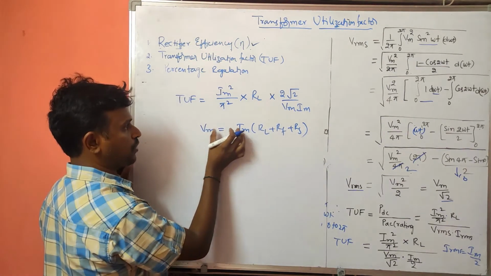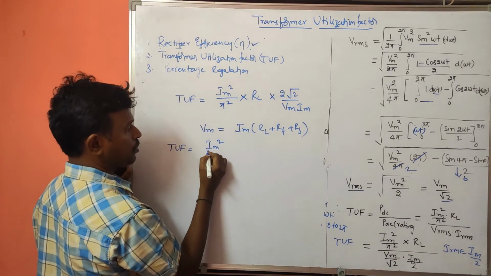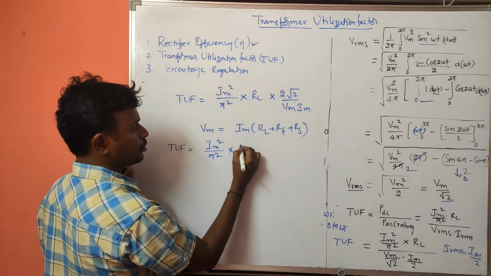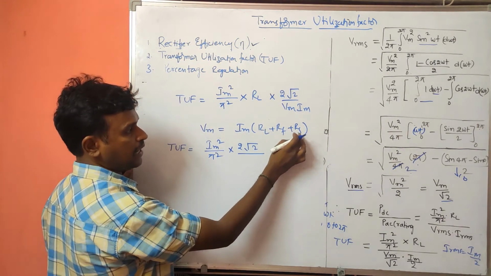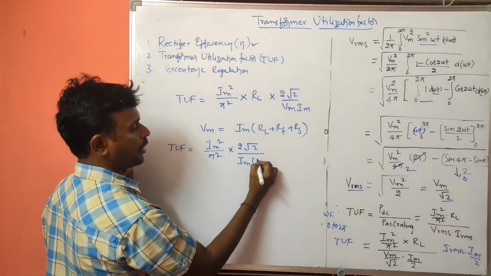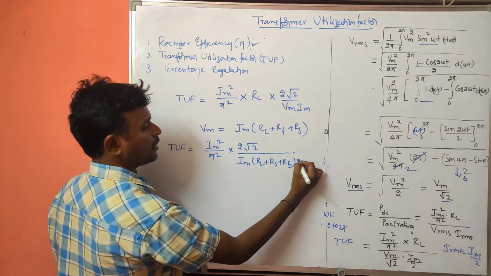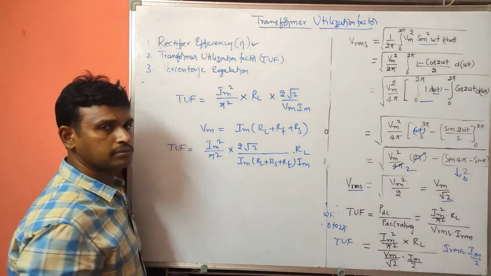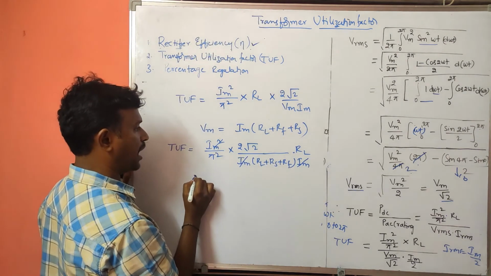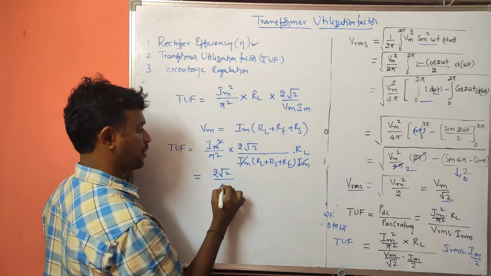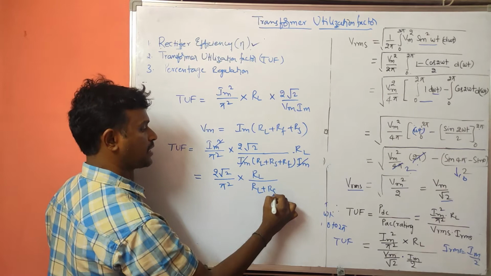If we substitute this value, we get TUF equal to Im square by pi square multiplied with 2 root 2 by Vm, that is Im (RL plus RS plus RF), multiplied with Im and RL. Therefore Im square cancels with Im and Im, and we have 2 root 2 by pi square multiplied with RL by (RL plus RS plus RF).